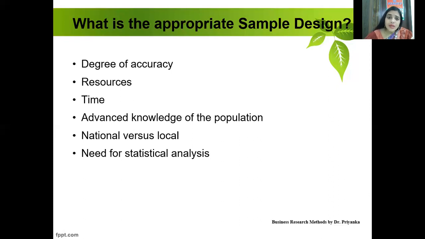So if you know that you have to go for some quantitative analysis, you need to apply some correlation, regression, time series analysis or something like that, then you will always be going for quantitative data, and that is generally done in case of probability sampling methods.